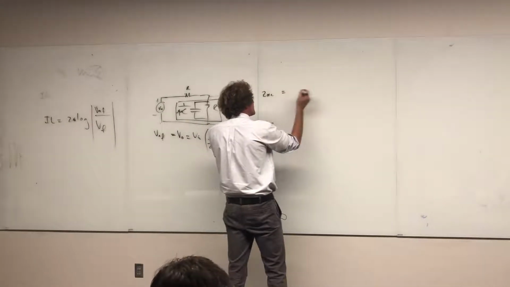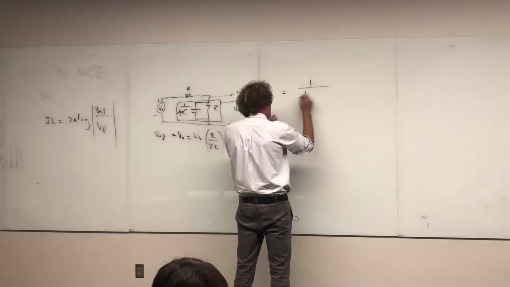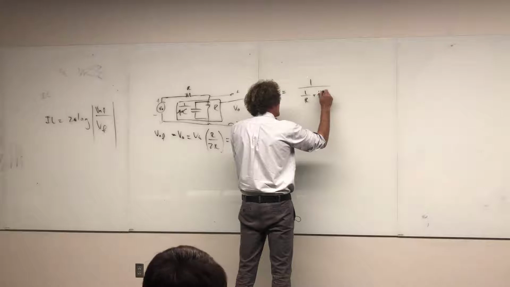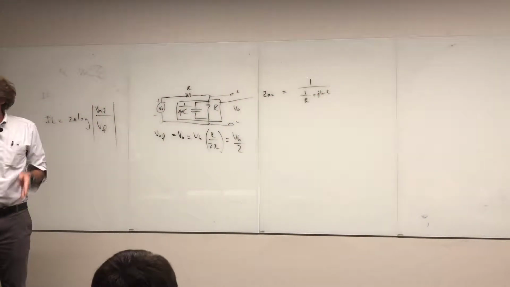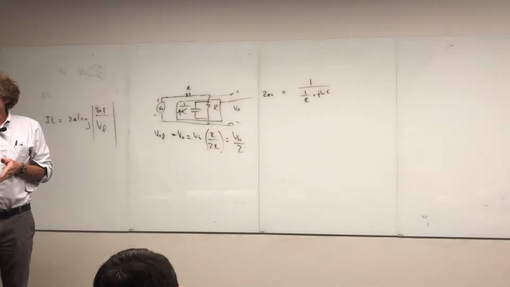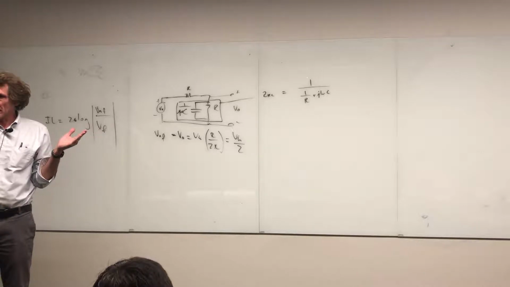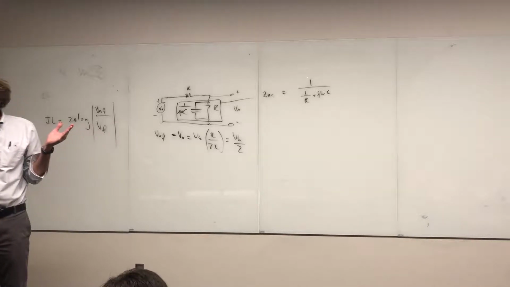And I can say that's equal to 1 over R plus J omega C. Does everybody understand what I've done there? I took 1 over the first impedance plus 1 over the second impedance. Everybody got that? And you could use S instead of J omega. It doesn't matter as long as you understand what the designation means.